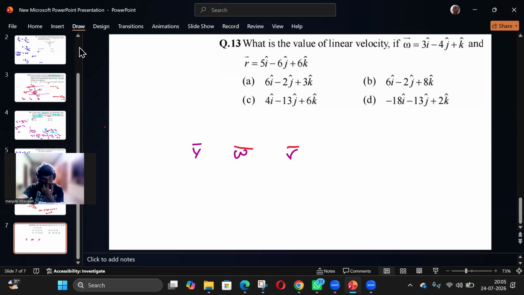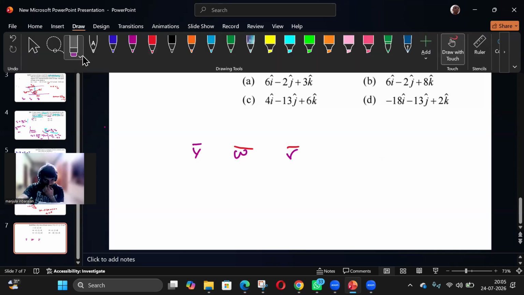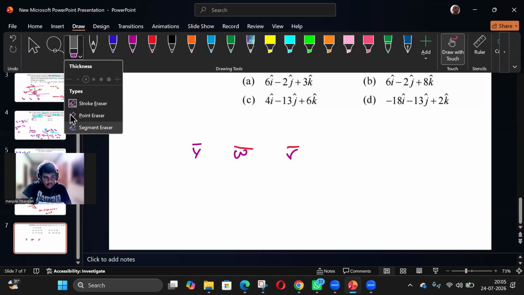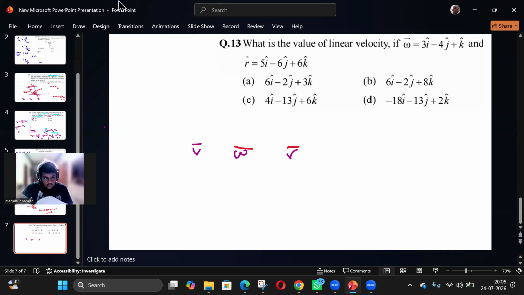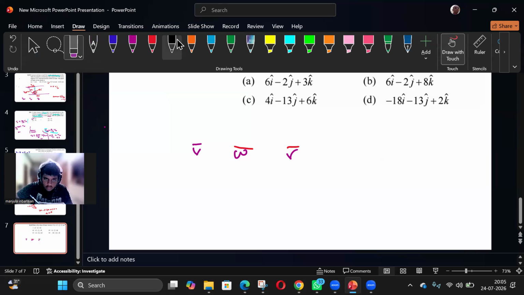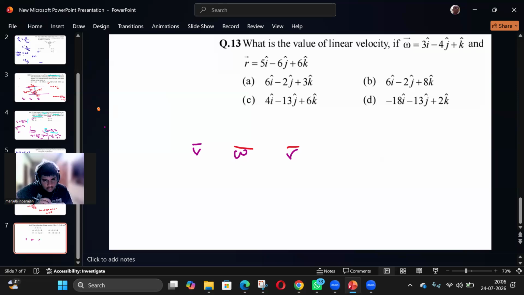What is the relation? Your mic is off. Keep your mic on. Don't switch it off. What is the relation? The relation is omega is equal to v by r, v square by r.